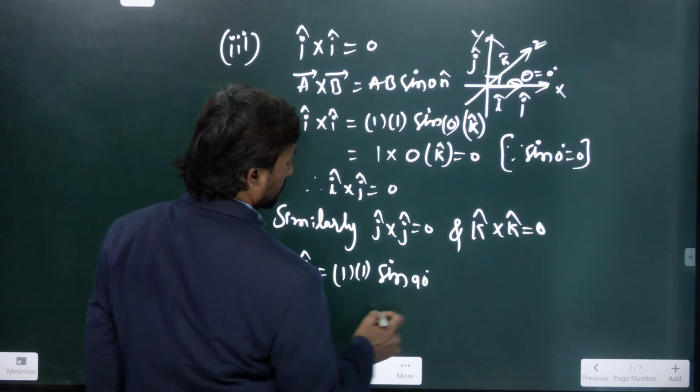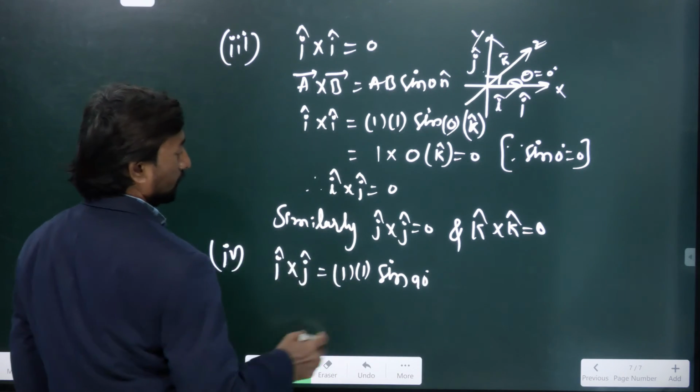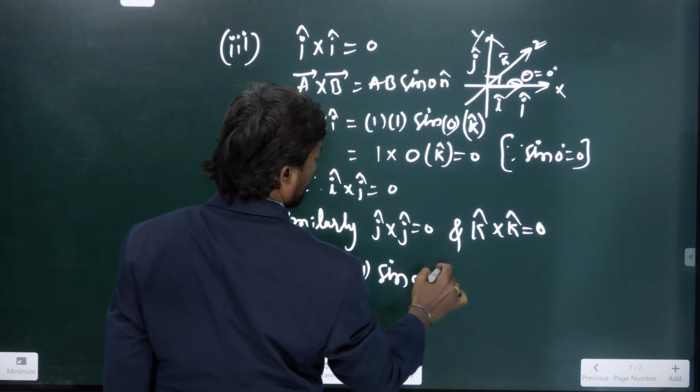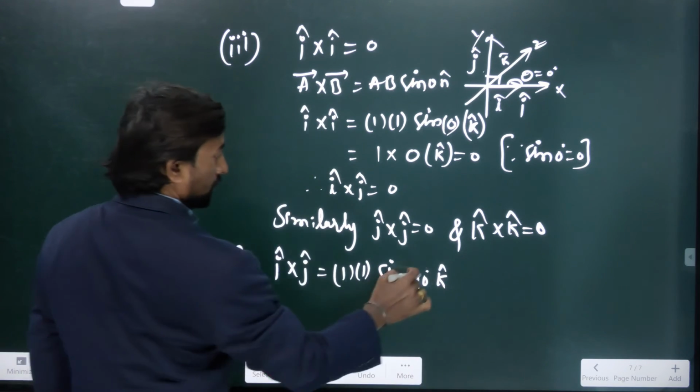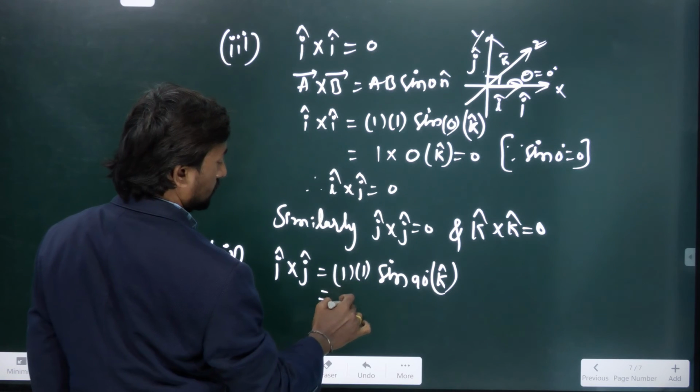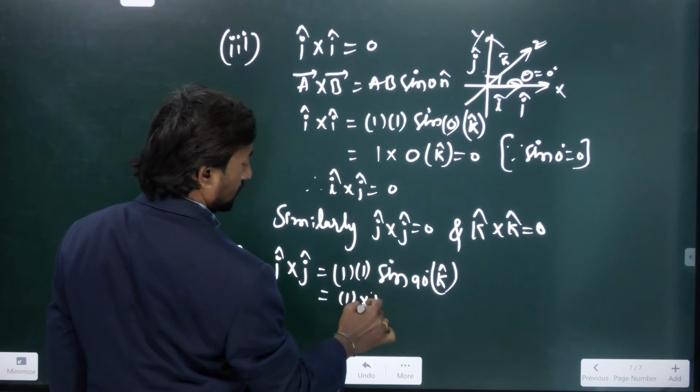And this is i and j, no? The direction is perpendicular to both of these, which is k cap. So we get 1, and sin 90 is 1 here. So 1 into 1 into k cap.